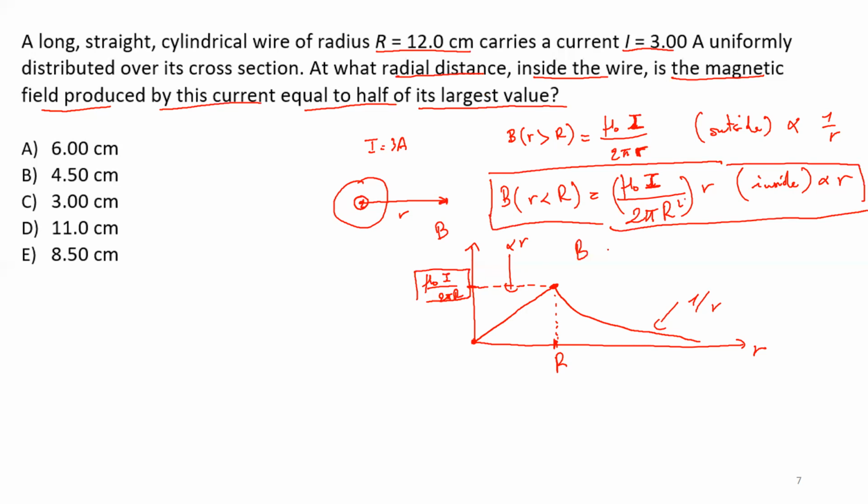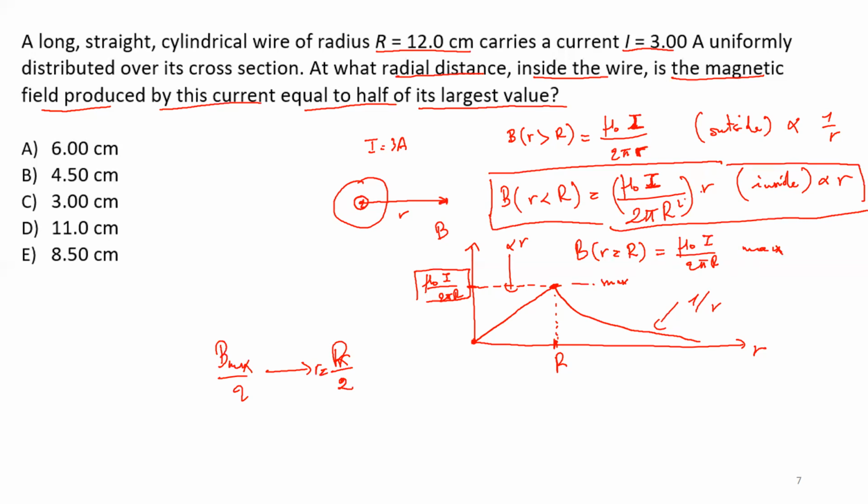When R is equal to capital R, which is at the surface of my wire, I can just put it here and I find that it's mu naught I divided by 2 pi R. This value here is the maximum. Now inside, I need B max divided by 2. That means I will reach that when R is half of the radius.